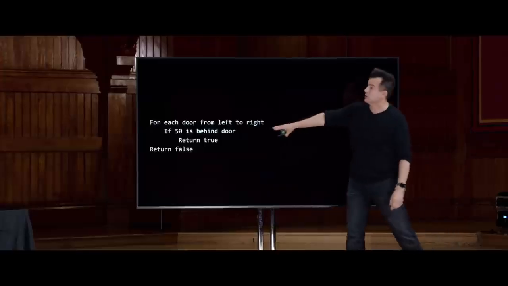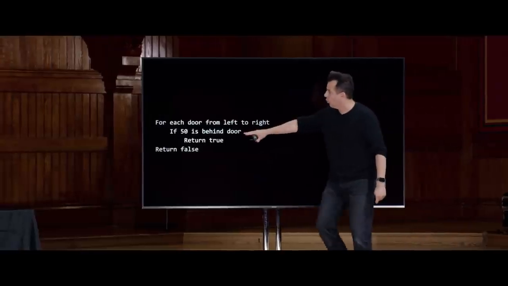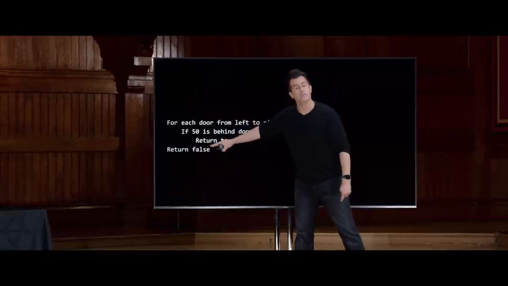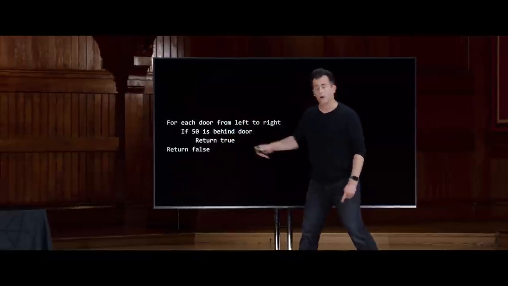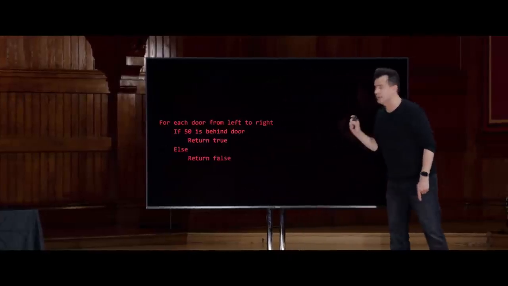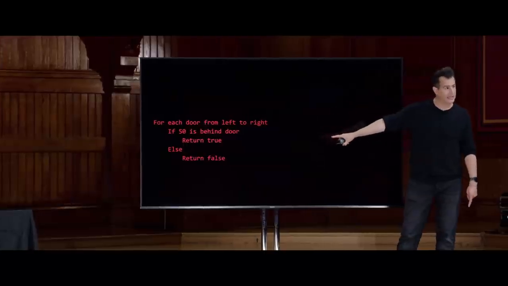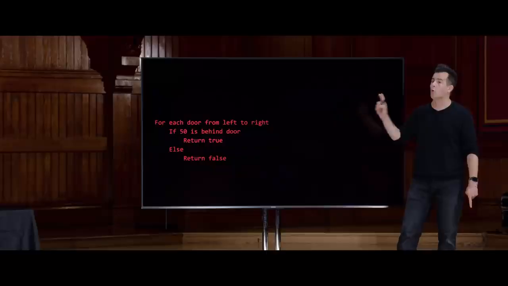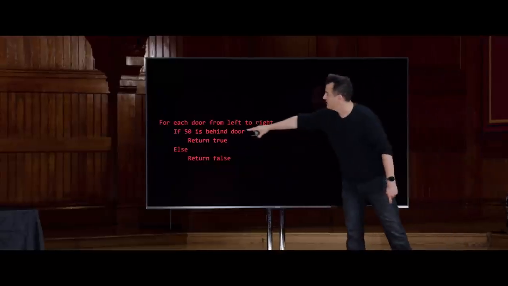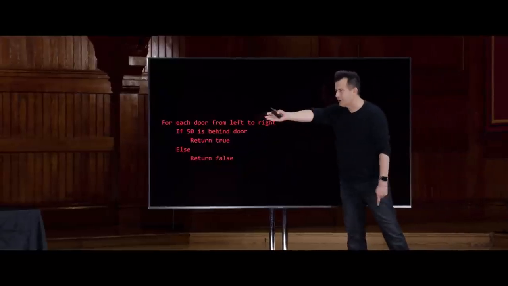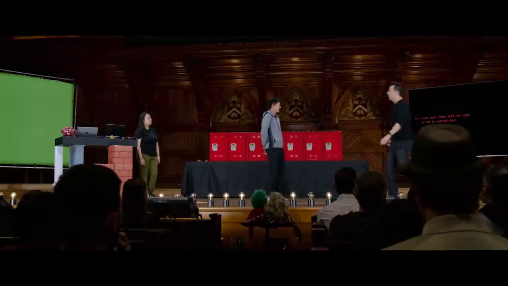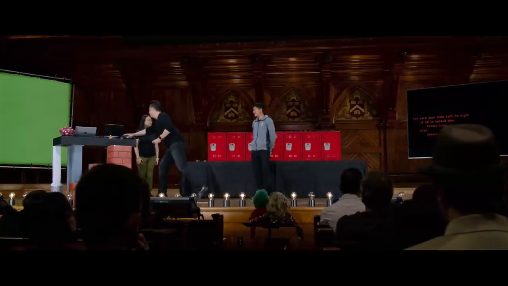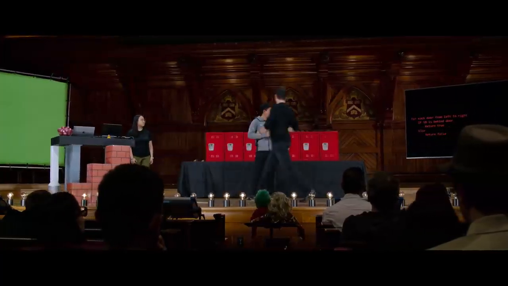But notice the indentation here, just to highlight a key detail. I'm only returning false once I'm done with that loop. For instance, if I had poorly implemented this pseudocode by indenting that return false and only doing it conditionally if 50 is not behind the door. I know we're putting you on the spot here, but do you want to conjecture why this would be bad, if you spot the mistake?